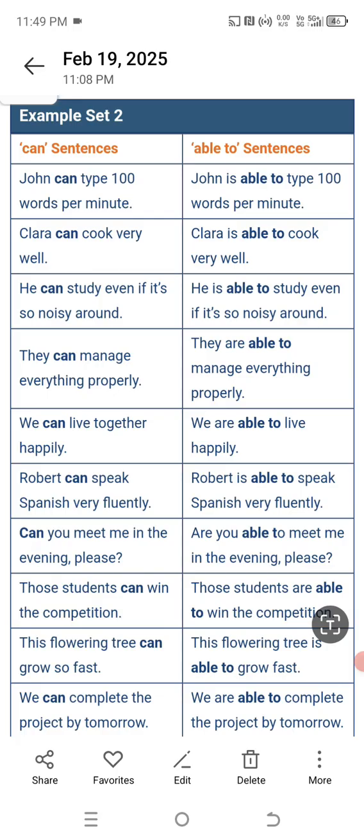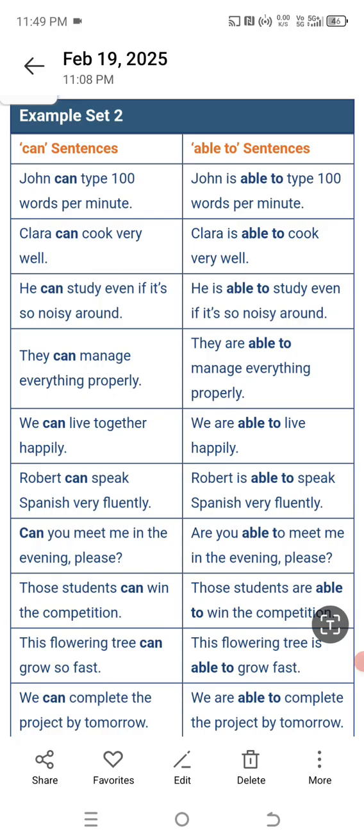Clara is a third person noun, and can is a present form, that's why we should use to be's present forms correctly according to the subject. And here Clara is a singular one, that's why we use is after Clara, and then write able to, and then the remaining part of the sentence as it is. So the answer of this sentence is Clara is able to cook very well.